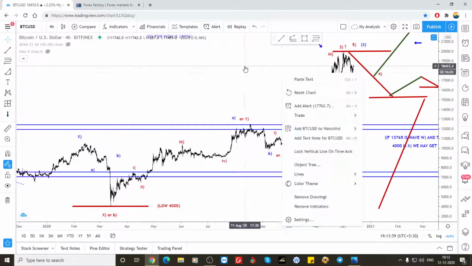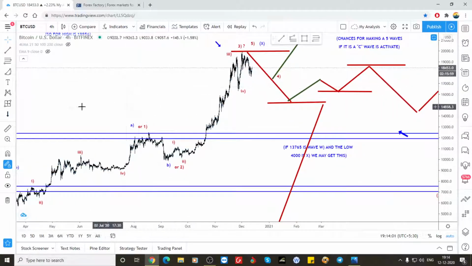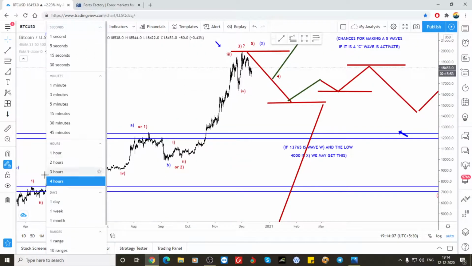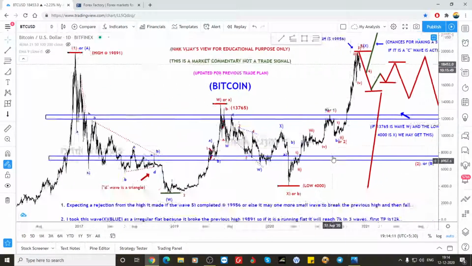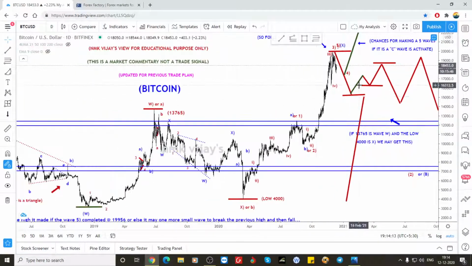So that is still, this third wave has ended here. Fourth and fifth are already completed. So whether it is a B, C, there is no change. The same plan.